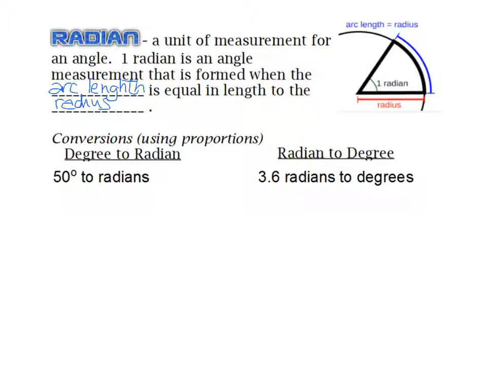Remember that we said it was close to 60 degrees but not quite 60, and it doesn't have a nice conversion between radians and degrees. Let's practice some of those conversions. We will be doing a lot of this. This is how we started it. We used a nice proportion with a clean conversion, and that was that pi radians is the same as 180 degrees.